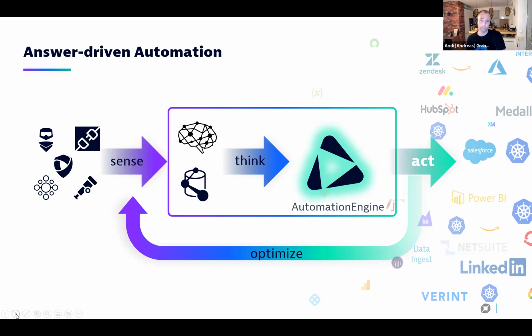And then last but not least, very important here is, since we are an observability and security platform, a software intelligence platform, we have a feedback loop. We know what happened once something has been done by a different tool, or if something was done by Dynatrace itself. And we can use that in a feedback loop directly to optimize continuously.